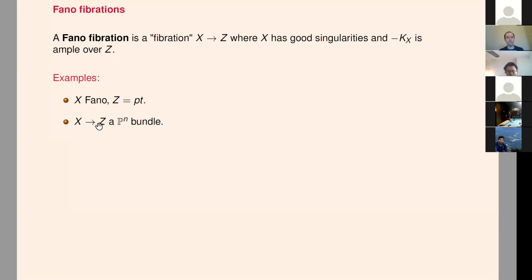Then you get one of these Fano fibrations, a P^n bundle. Another, more complicated example is that of a Mori fiber space. These are exactly the kind of Fano fibrations that you get after running the minimal model program. So they are Fano fibrations, but of a special kind.